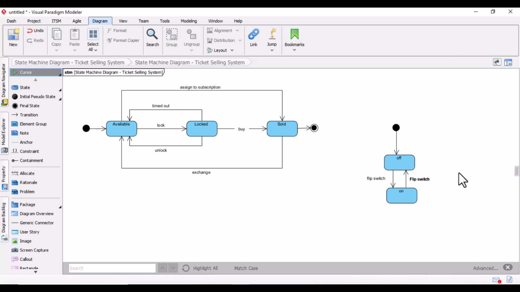The moment I say that, it is going to the off state. So this is the initial pseudo state or initial state where you are starting, and when you are starting you will be in the off state, and then you are switching it on, and then you are flipping back to the off state. That is what I was telling, the state of the object will keep on changing.